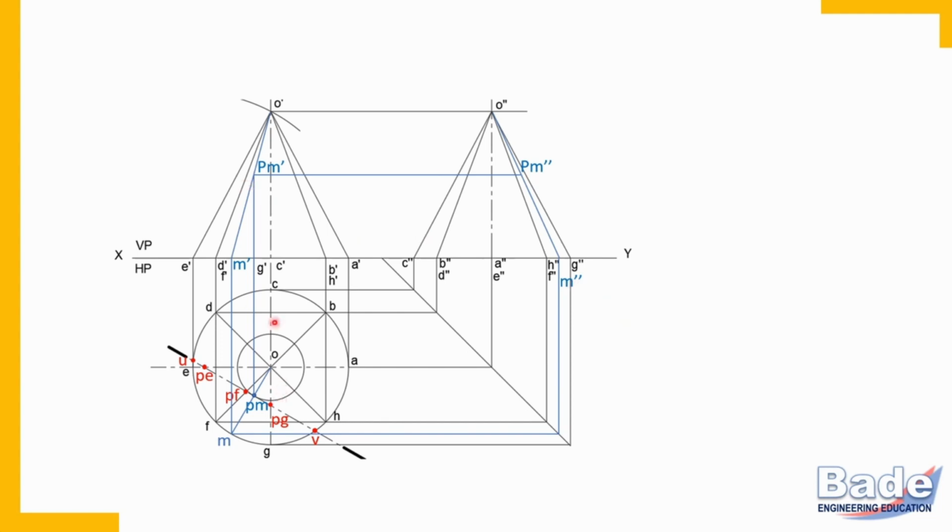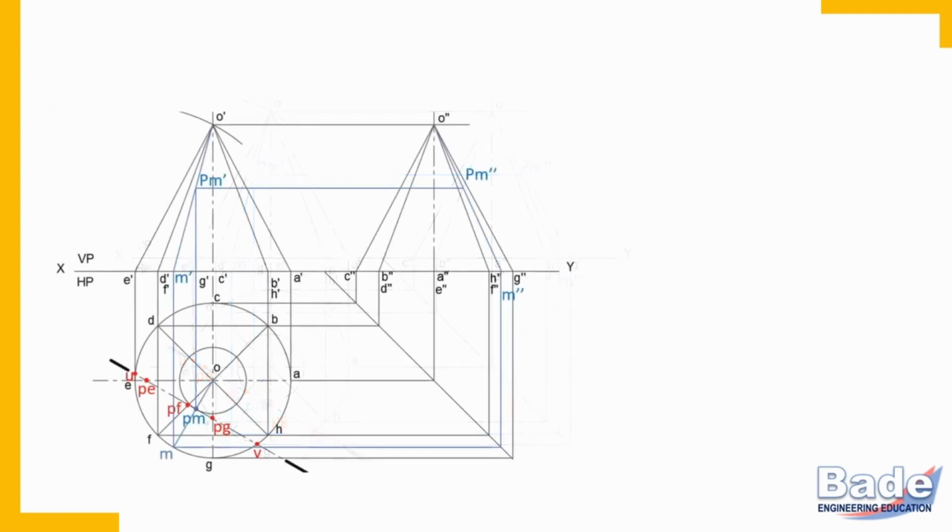So obviously this PM is on generator OM in the front view and in the side view. Similarly, points U and V are on the base, so U and V will appear on the base in the front view and also in the side view. U point, then PE dash, then PF dash, then PM dash. Already we have transferred. Now PG, check how we have transferred it.